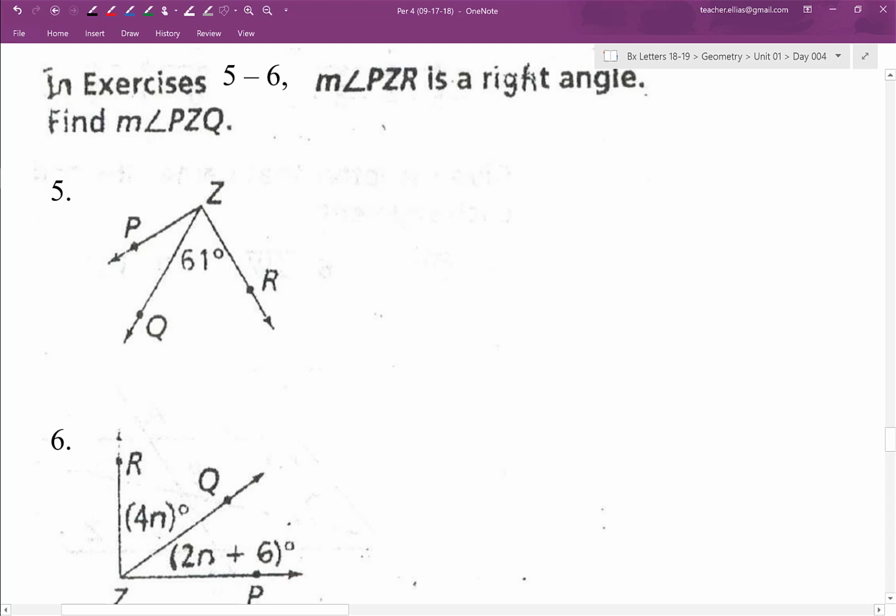All this is going to Michaela is that right angle. She sees that 4n and 2n combined is 6n, plus 6.